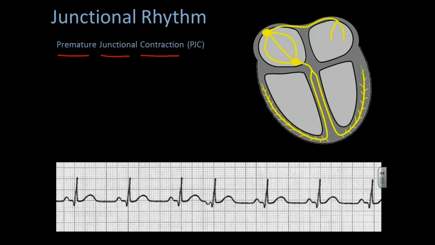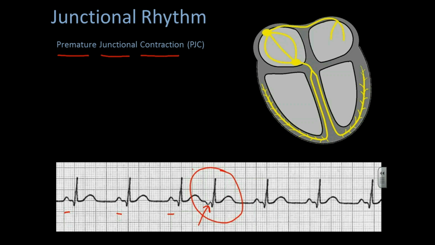If you follow along the rhythm strip, you'll see sinus rhythm. There are our upright P waves, narrow QRSs, until we get right there. We have a beat that comes early, and I can distinguish this as a PJC versus a PAC, or premature atrial contraction. I'm going to say PJC because there is an early inverted P wave right there.